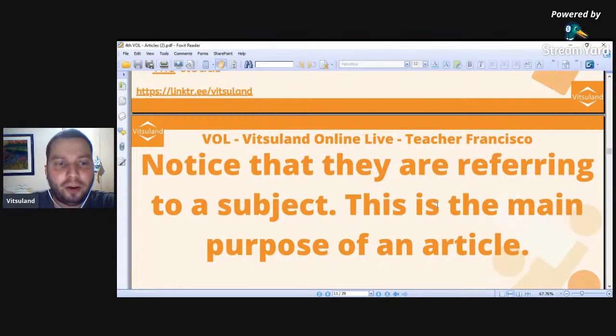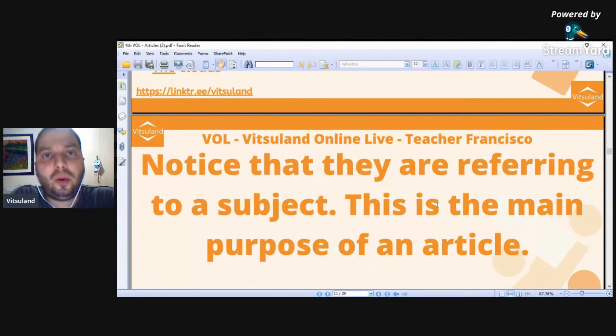Notice that they are referring to a subject. This is the main purpose of an article. They are giving an idea of something, a characteristic of something, a quality or something that is not so good as well.